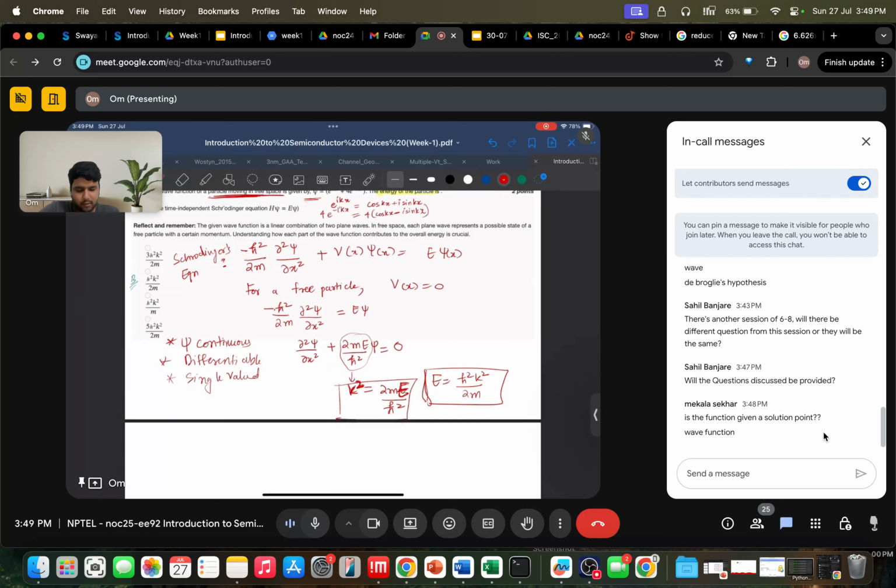But there's no requirement for it to be periodic. Periodicity is not a requirement. Yeah, the wave function is a solution of the Schrodinger equation.